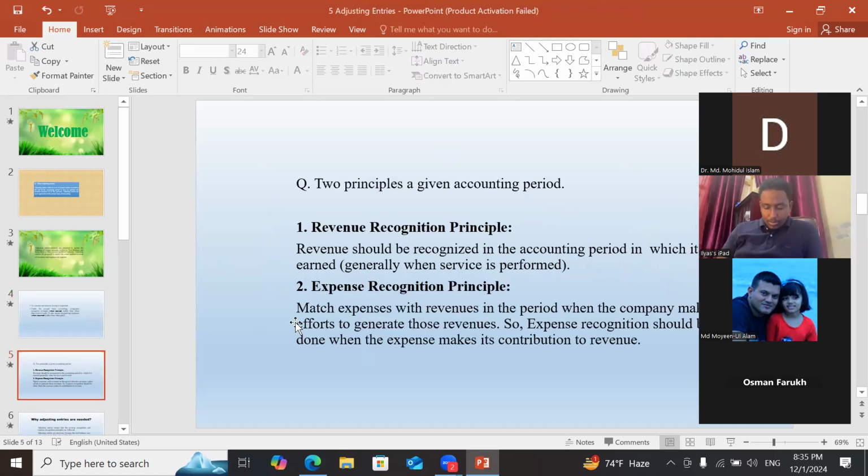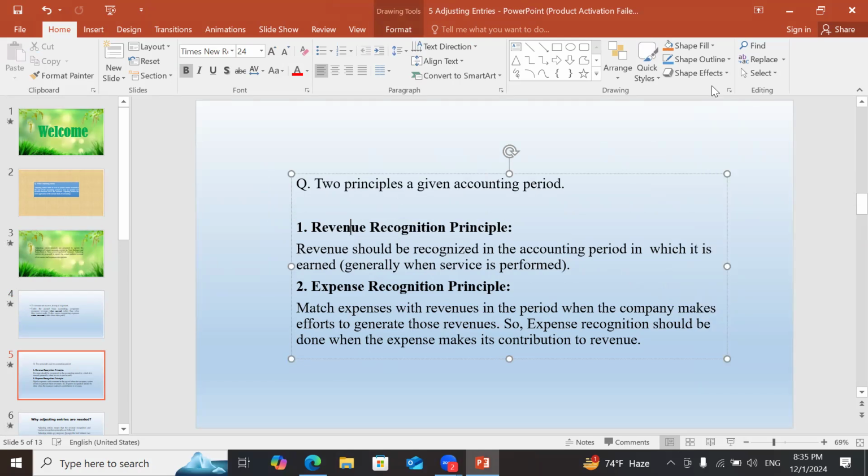There are two principles of adjusting entries: revenue recognition principle and expense recognition principle. Revenue recognition principle: revenue should be recognized in the accounting period in which it is earned, generally when services are performed.